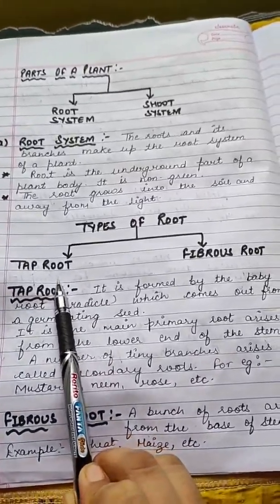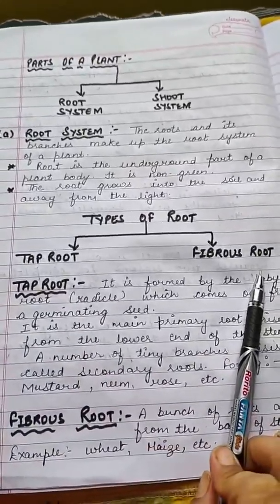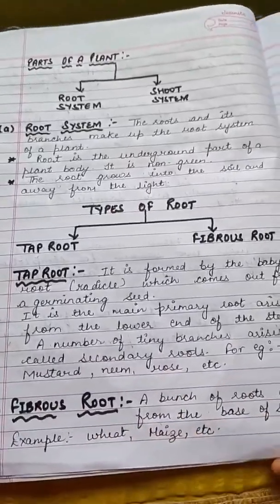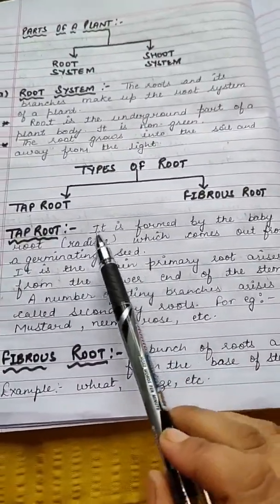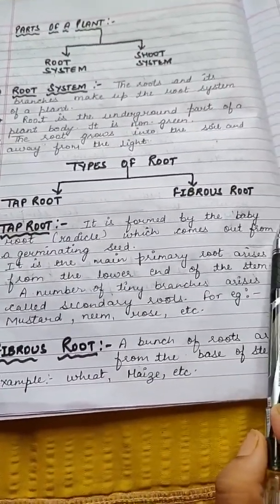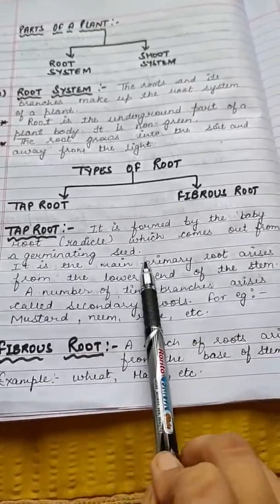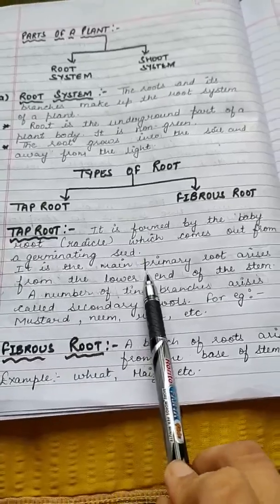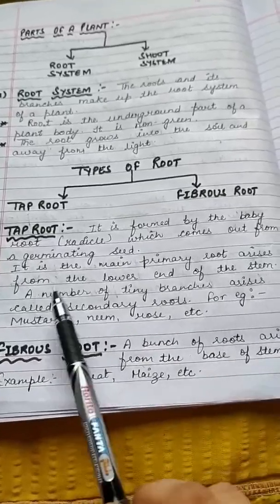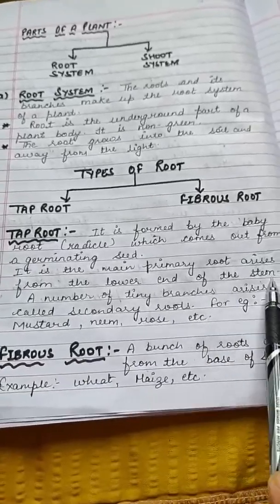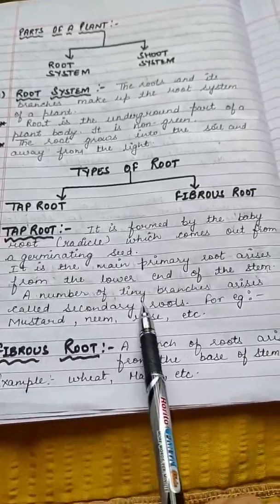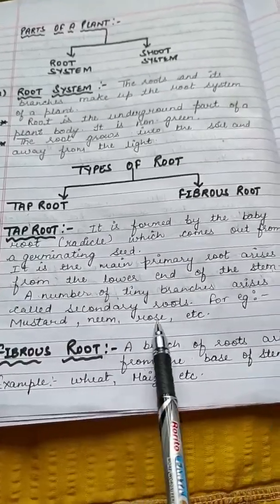The roots are of two types. Number one is taproot and number two is fibrous root. So first is taproot. It is formed by the baby root or radicle which comes out from a germinating seed. It is the main primary root which arises from the lower end of the stem. A number of tiny branches arise from it, called secondary roots.